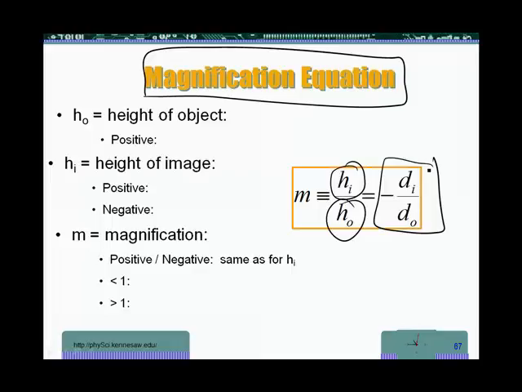Now, HI and HO are positive when the object is upright, and they are negative when it is upside down.